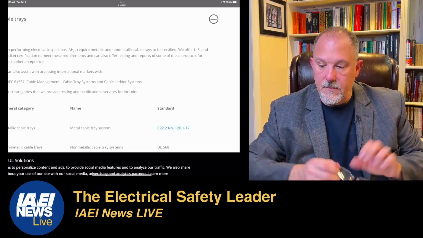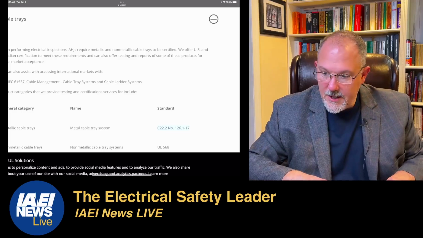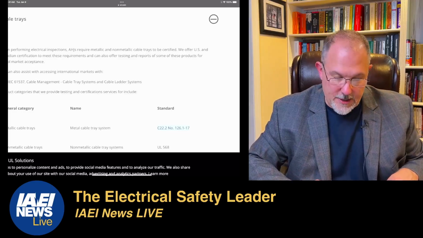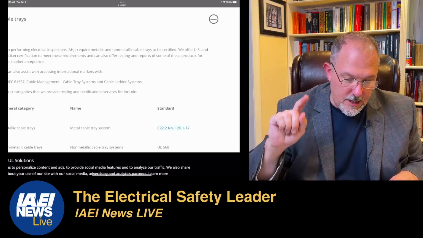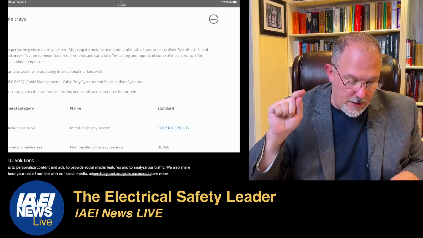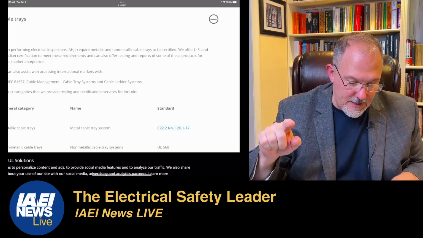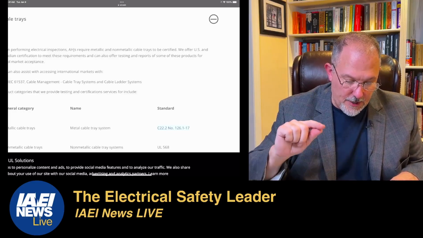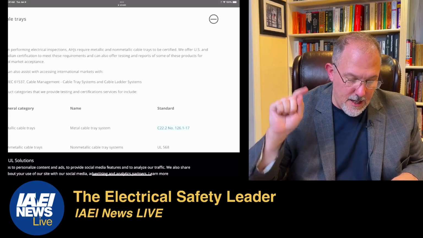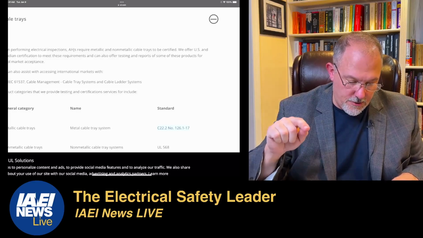392. So remember, 392 is cable trays. 392.1 tells us this article covers cable tray systems, including ladder, ventilated trough, ventilated channel, solid bottom, and other similar structures.